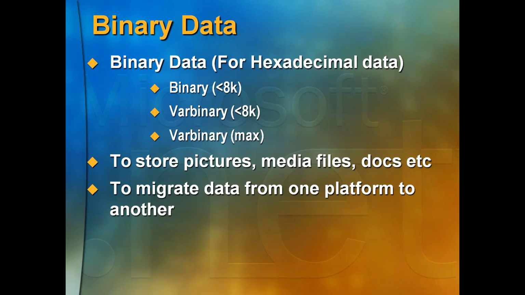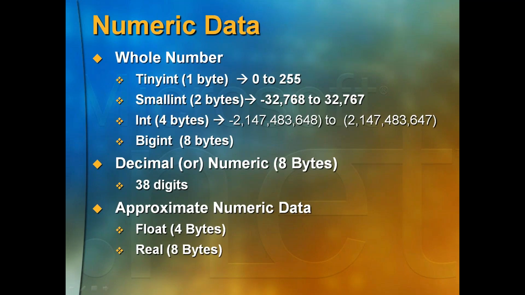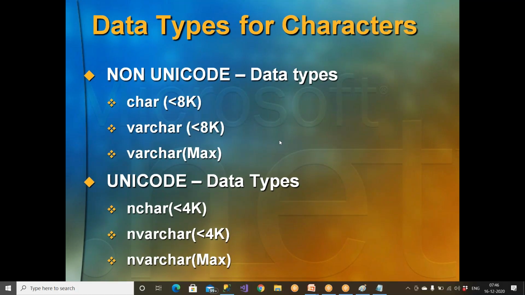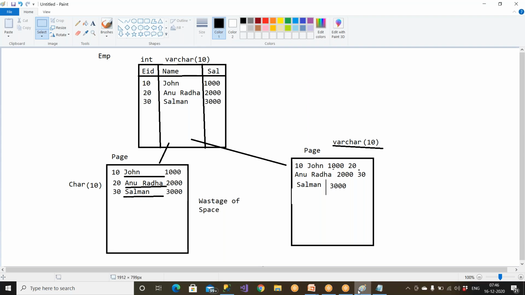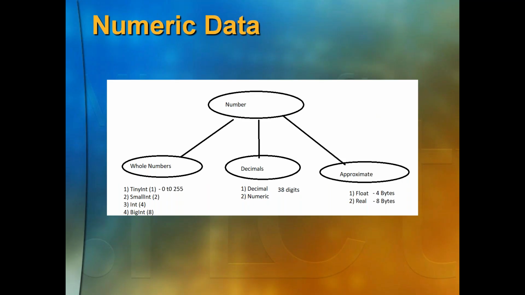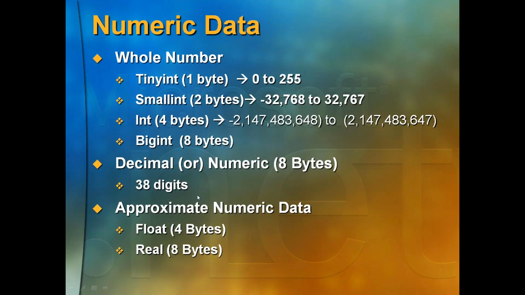And from tomorrow, we'll discuss the binary data. Are you clear? So you may ask me: even though we have letters, special characters and numbers in the character data, why is numerical data needed separately?